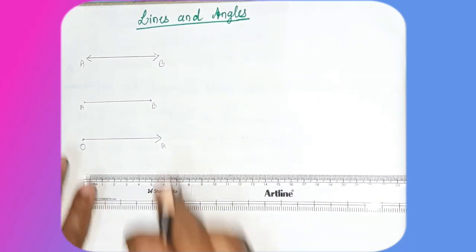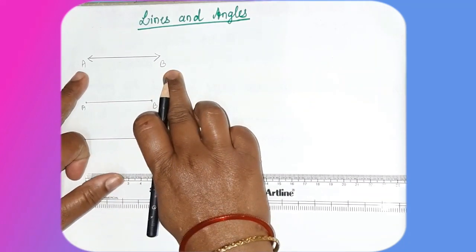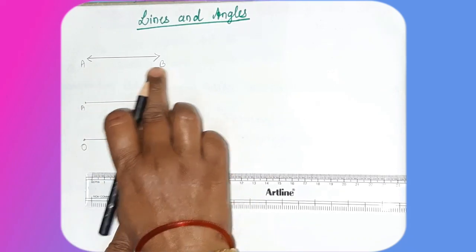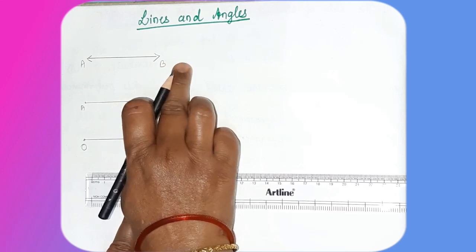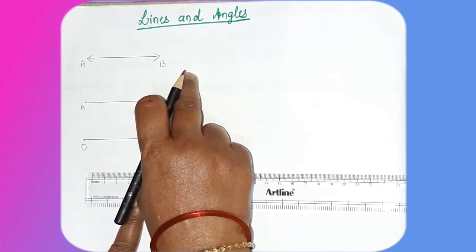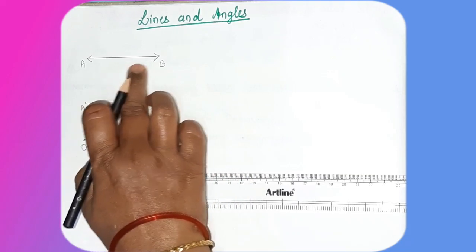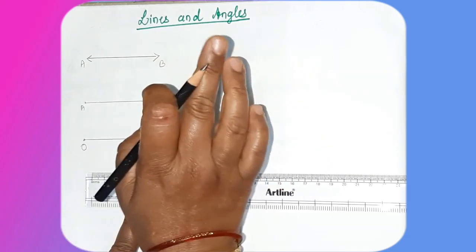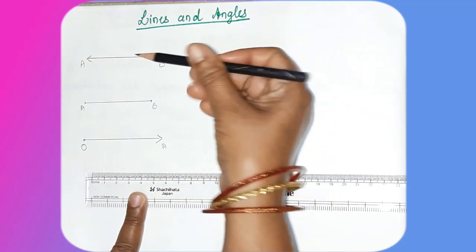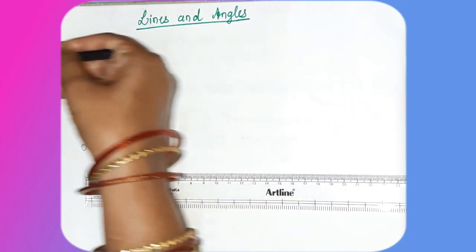You just observe here, AB is a line or straight line. This line has an arrow mark on both sides. That means we can extend this line on both sides, in both directions. We can extend in this direction, and we can extend in this direction also.